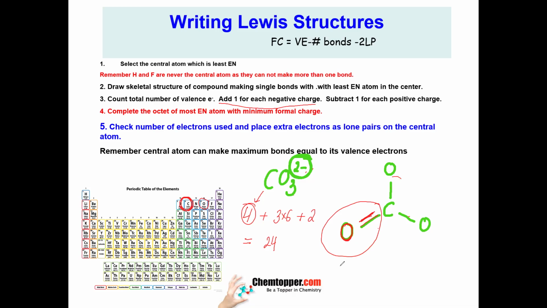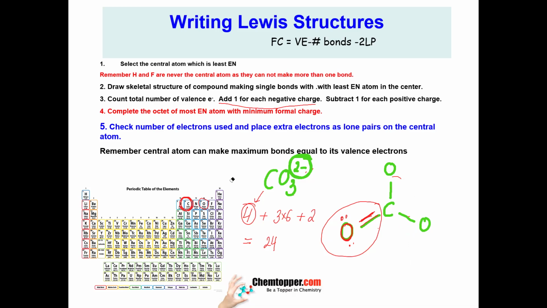Yes, Suniti? Kirtana? Is it confusing? 2 lone pairs. Can I make a double bond here, children? What is the reason, Gautam? Because in that case carbon will have an expanded octet, but carbon cannot have an expanded octet.